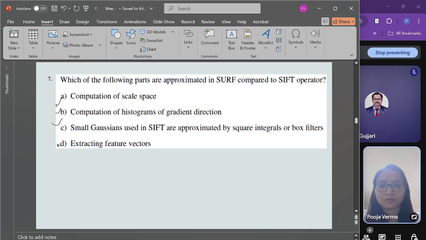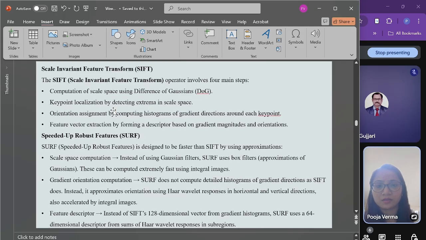Okay. Have you understood why D is not correct? D could be a correct option if no other detail is given. So currently A, B, and C are the correct options. Okay, so I hope you have understood.